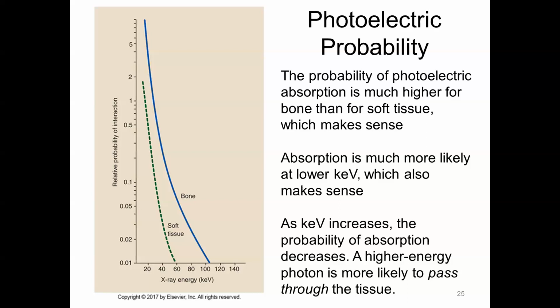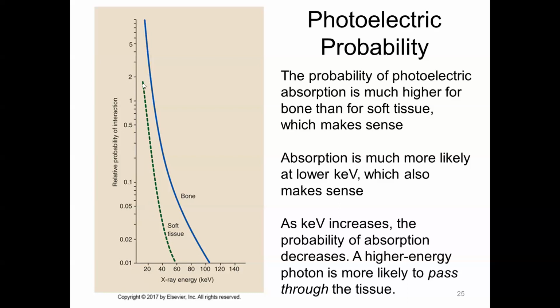Okay, so let's take a look at the soft tissue curve. We're going to start close to both axes here. This is a really low energy level, 20 keV. With a low energy level, very high probability that you're going to have a photoelectric absorption.